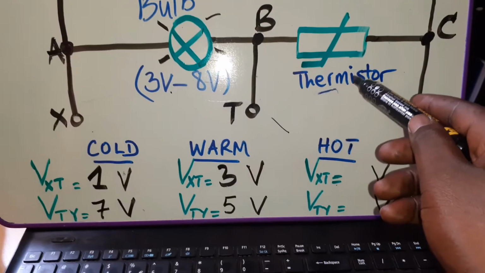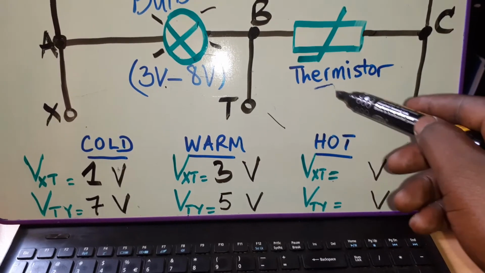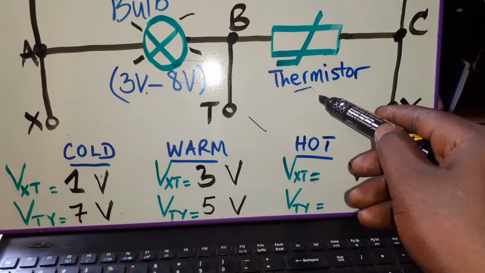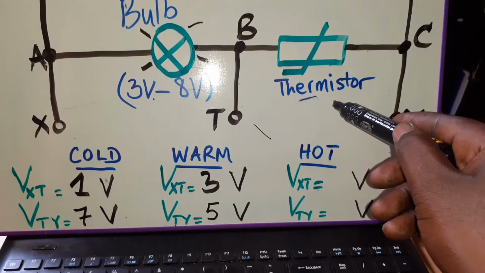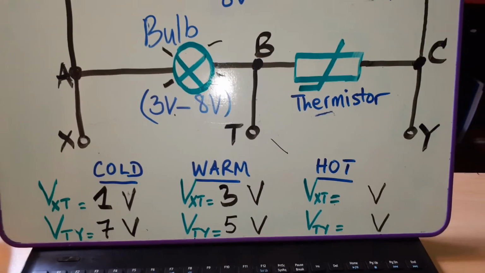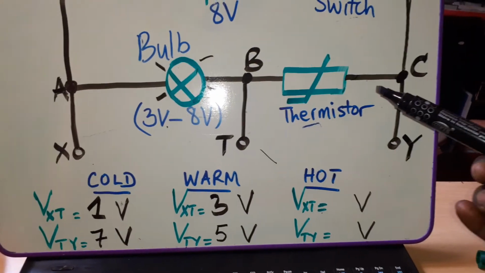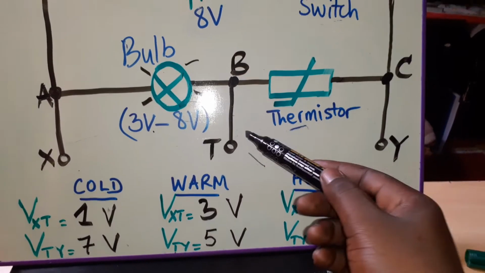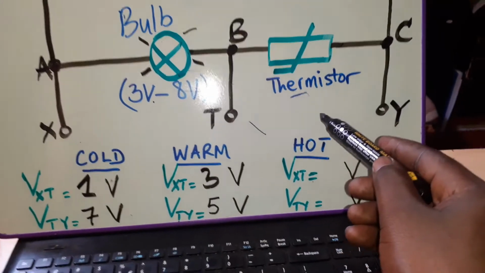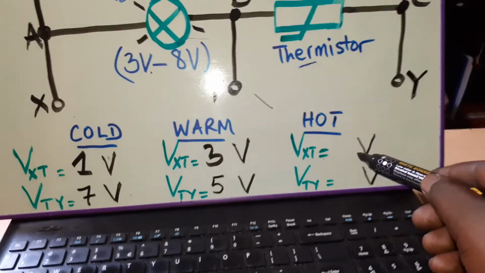Let's continue. If you increase the temperature around the thermistor further so that it becomes hot, the resistance of the thermistor is going to be so low. And when the resistance is low, you require a very small voltage to push current through this thermistor. So the voltage across TY will be so low.